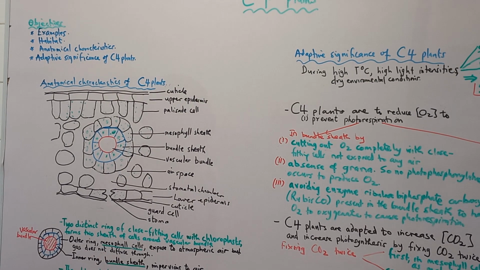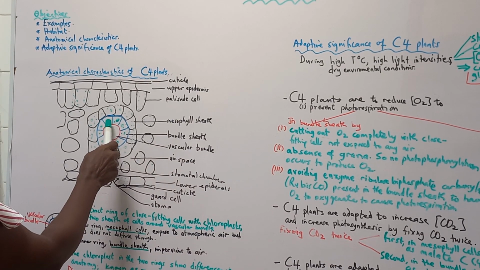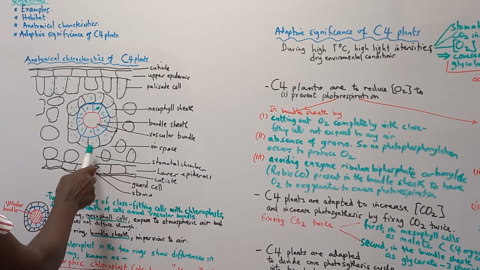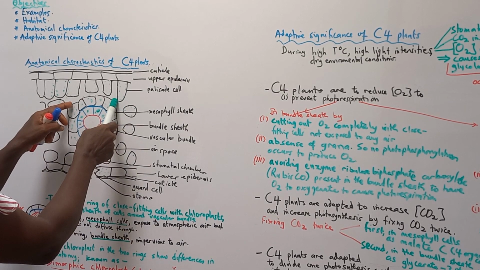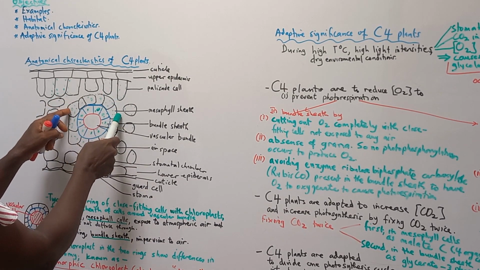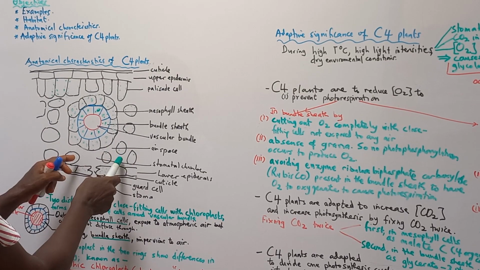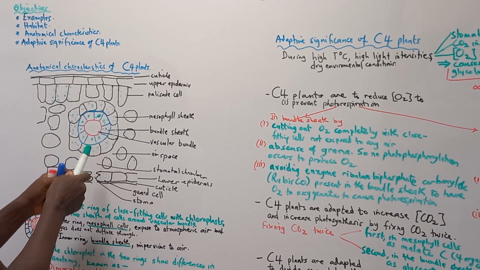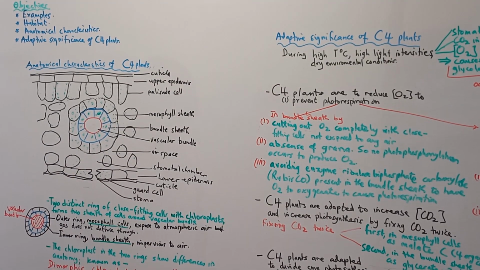Well, C3 plants can also have a bundle sheath with chloroplasts, but not the mesophyll sheath, and the palisade cells are quite close together. The air spaces in the mesophyll layer are not so huge as in the C4 plant leaf anatomy.